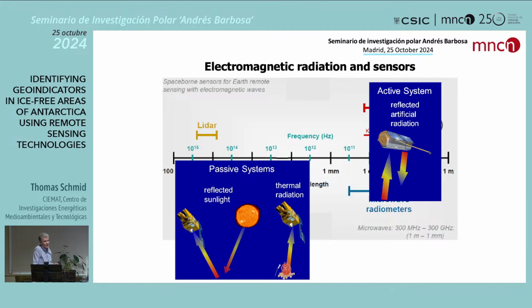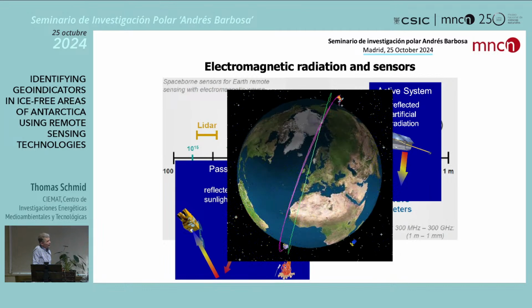And that's the information which is reflected also from the surface. And all that with the satellites, which have the advantage that there's a revisit time. So they can repeat this. And having repeated information allows us to carry out the monitoring and also detect the changes.